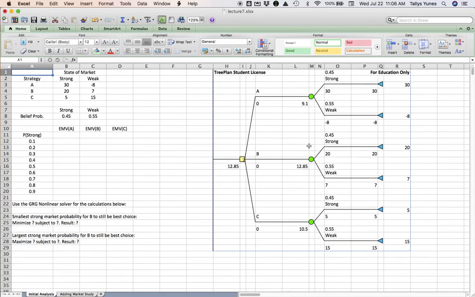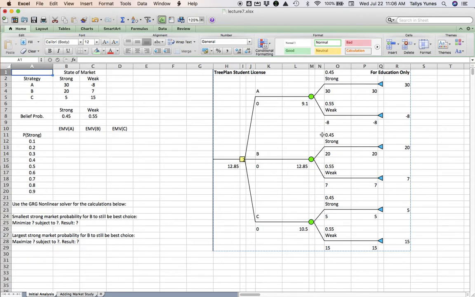Once I know it was encouraging, should I do A, B, or C? And then the other half is, what if the study was discouraging? Should I do A, B, or C? Okay, so this is how we're going to expand this tree here. We're going to make it bigger by adding these other branches that I just mentioned. Let's go ahead and do that.